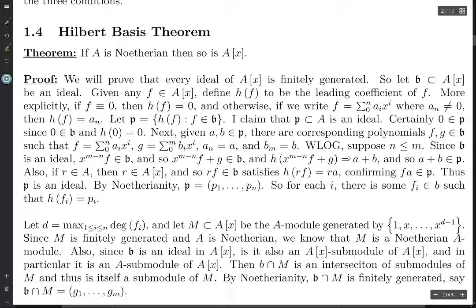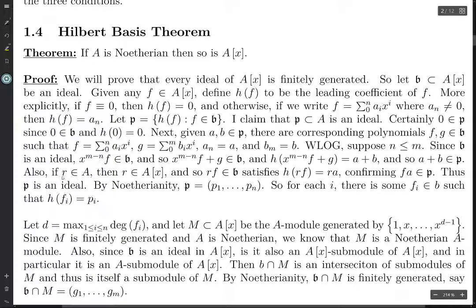The highest order term: you had a here, and by multiplying by x^(m-n), the corresponding power of x will be increased up to m. So this polynomial will have degree m and leading coefficient a, and this one will have degree m and leading coefficient b. So the leading coefficient of the sum of these things is a plus b, so it's in there.